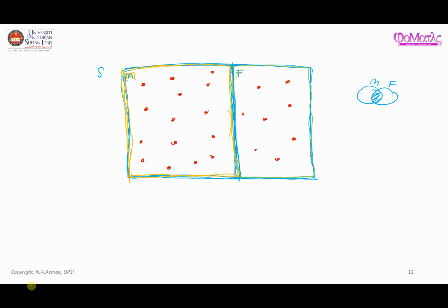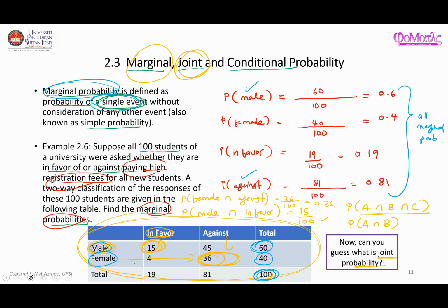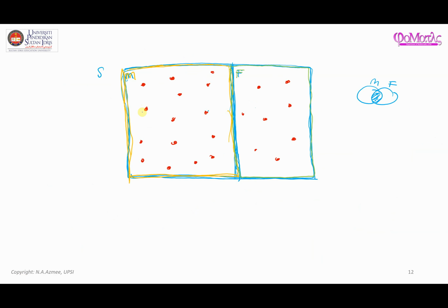We also notice that out of 60 male students, 15 are in favor and 45 are against. So the number here is larger, and what we can do is perhaps visualize that idea by constructing a different set.